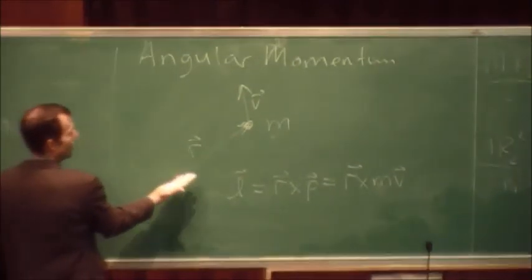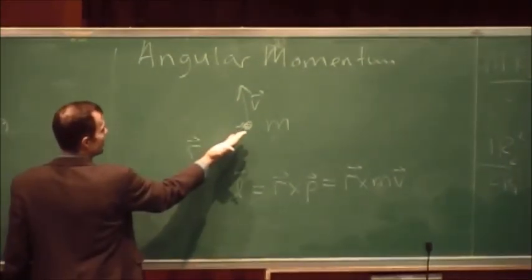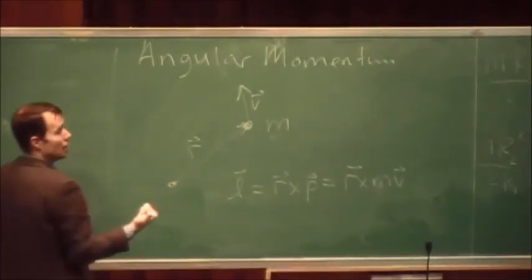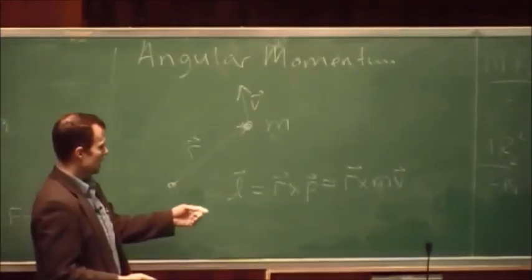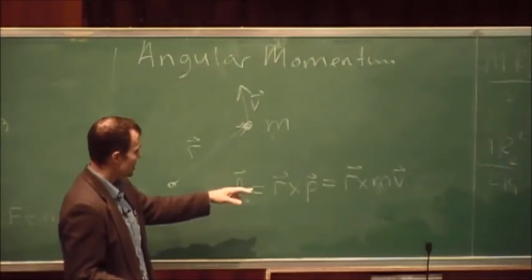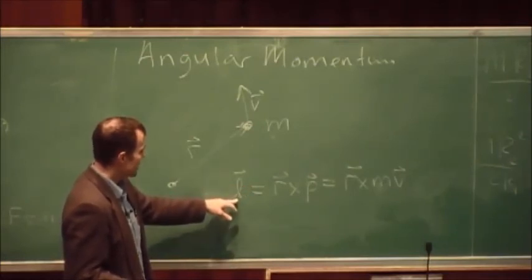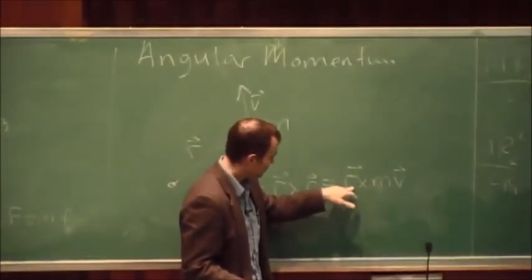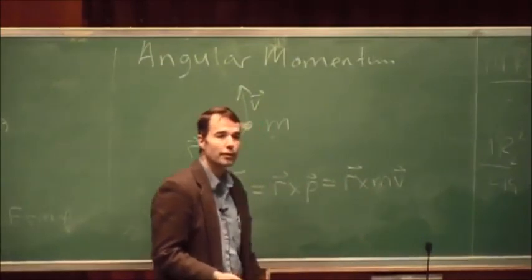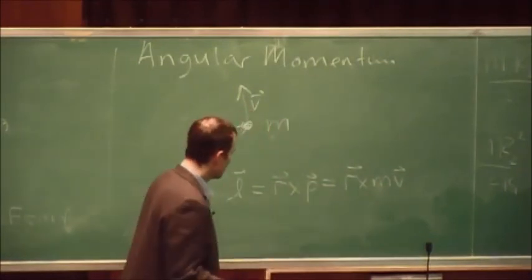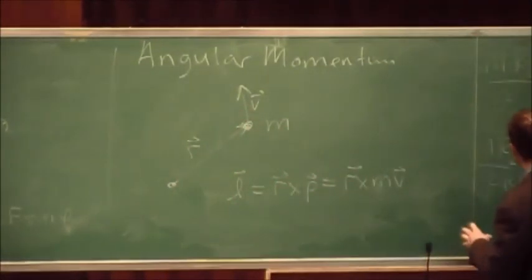Okay, so I take r, I cross my fingers in the direction of v, and that's the direction of my angular momentum, which is coming out of the board. And you can see very easily here that, for example, if I have a situation where r isn't changing, and I take dL/dt, then I get r crossed with F, m a, which is r cross F. And so you can see we end up getting something that looks like torque again.